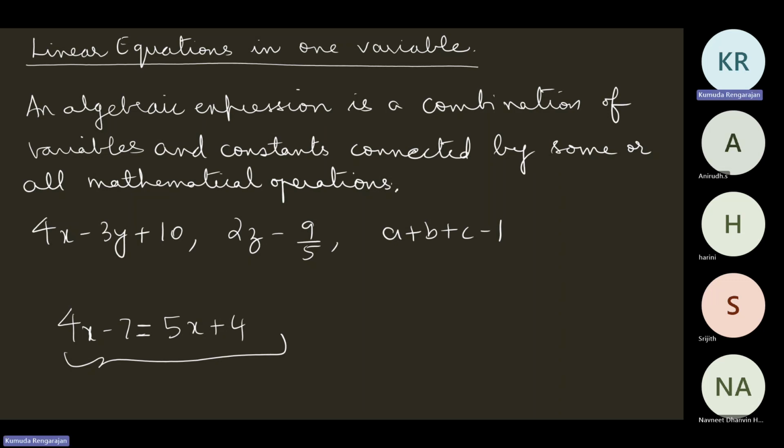It's an algebraic equation if it has the equal to sign. If you can see the equal to sign, then it's an equation. Otherwise, it's an expression. So these are algebraic expressions, because they don't have the equal to sign. But this one is an algebraic equation because you can see the equal to sign here.